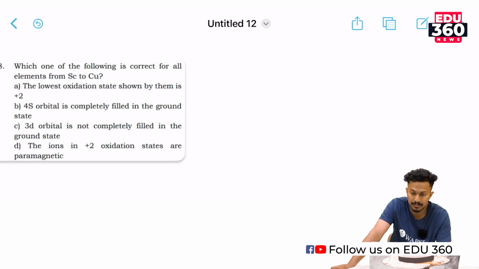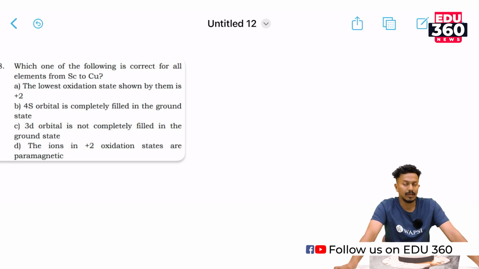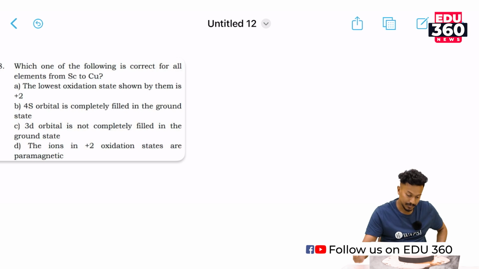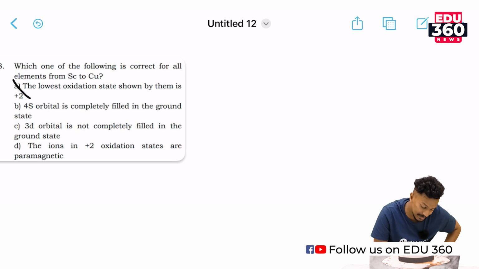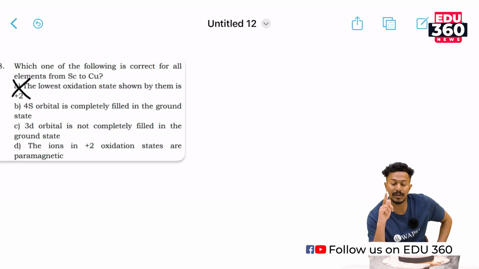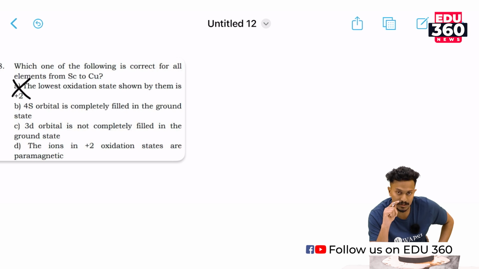Is this correct? Can you name anything that holds for all elements? We could say that there is also a +1 oxidation state. Scandium, vanadium, and titanium do have a +1 oxidation state. So A is wrong. 4s orbital is completely filled in the ground state.